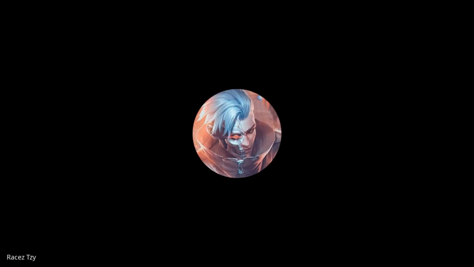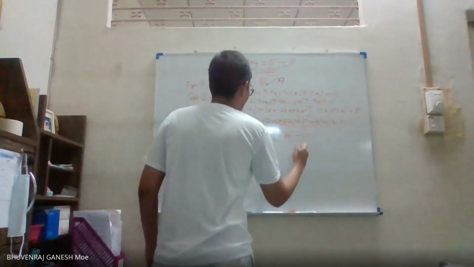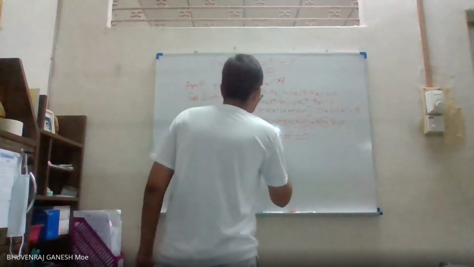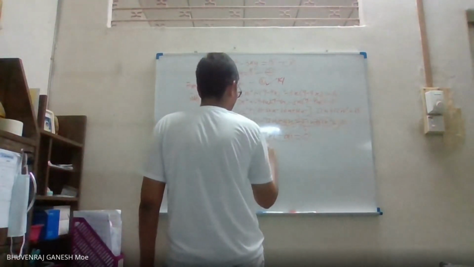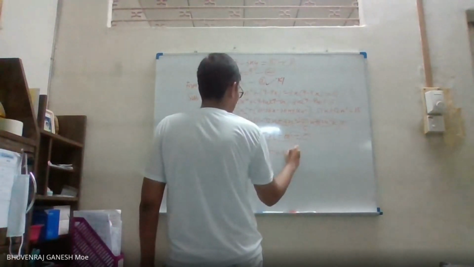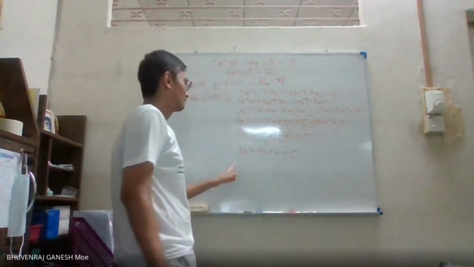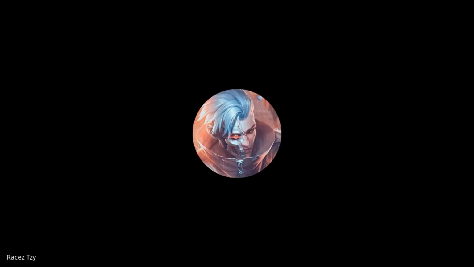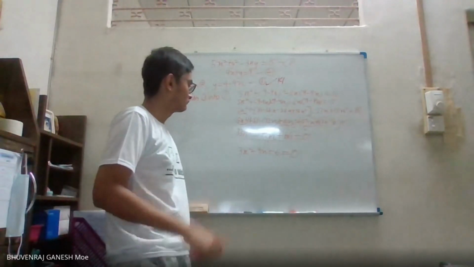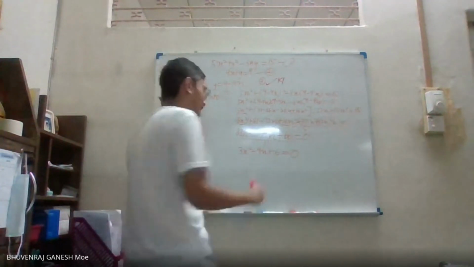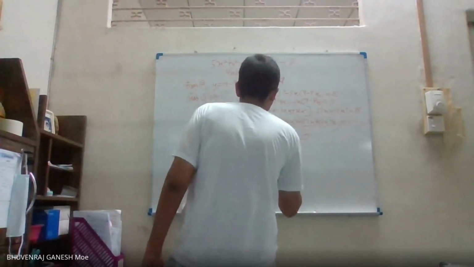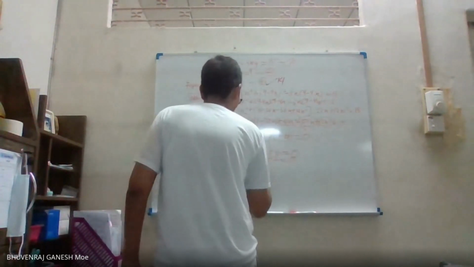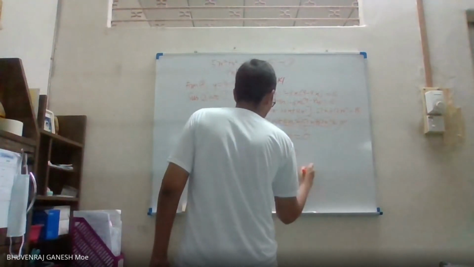What number? 11. Yeah, 11, correct. So 11 will come 3x squared minus 9x plus 6 is 0. Can you divide further? By 3. Yeah, correct. x squared minus 3x plus 2 is 0. So this is the simplest that we can go, and this one is easier to factorize.